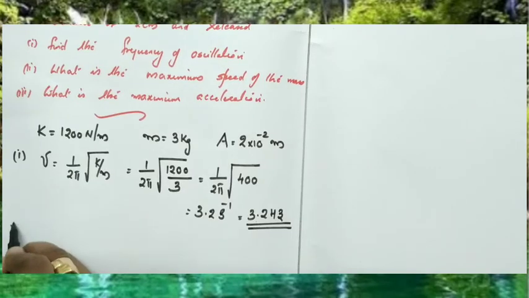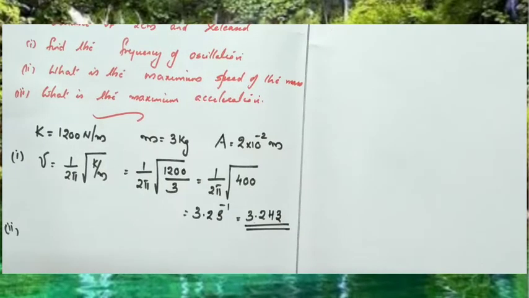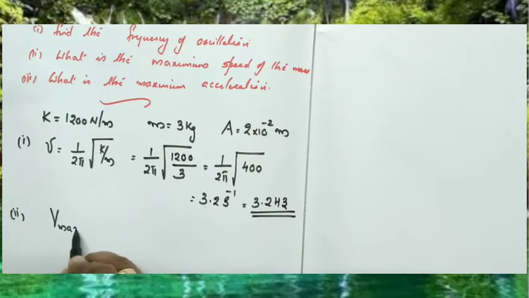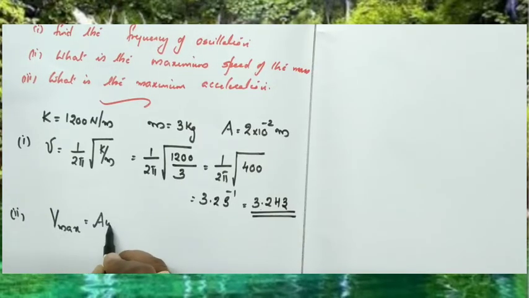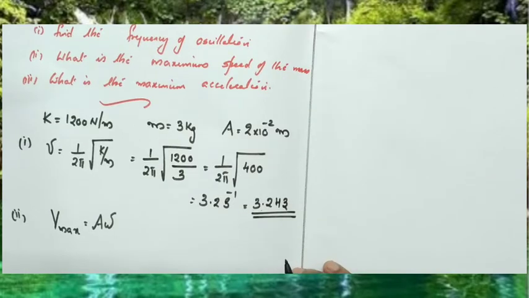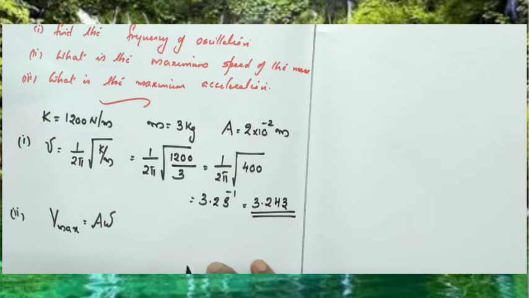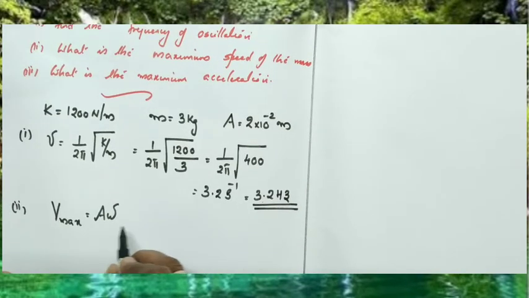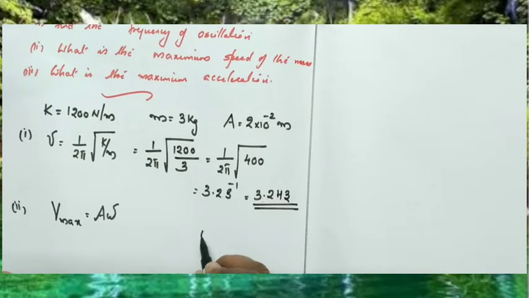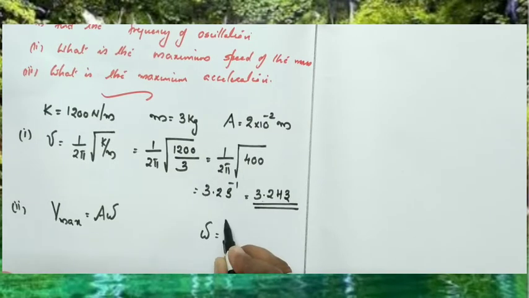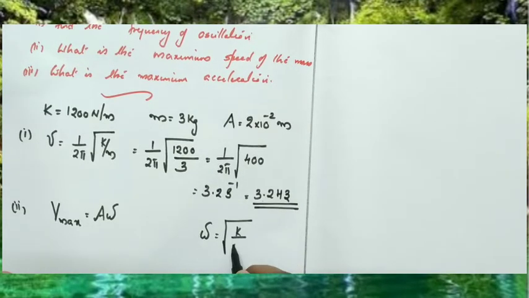Then number 2, find the maximum speed. We know maximum speed is given by V max equals A omega. In the derivation we had derived the formula for velocity, and from that maximum velocity is given by V max equals A omega. Now what is omega? We know omega is called angular frequency and it is given by root of k by m.